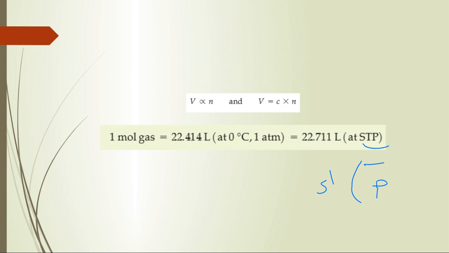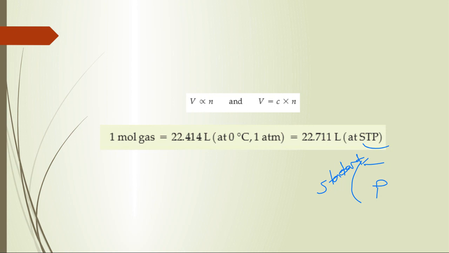These are the standards: 0 Celsius degrees, that means 273 Kelvin, and 1 atm.